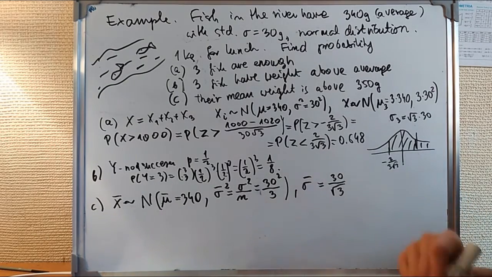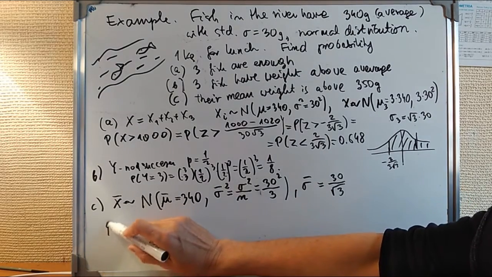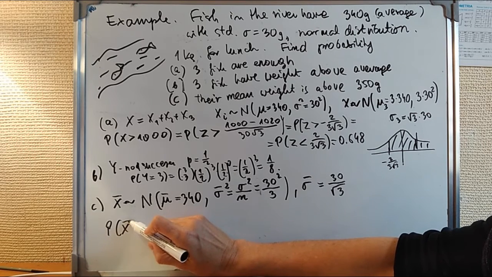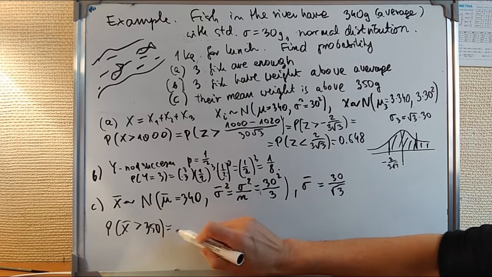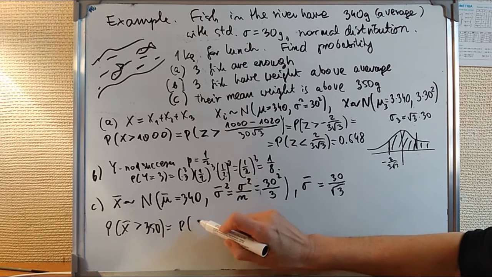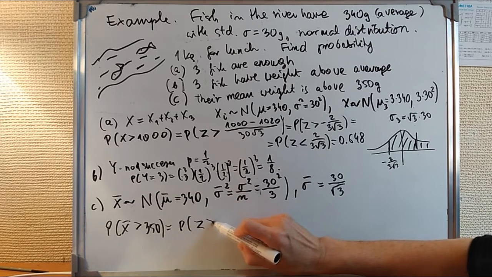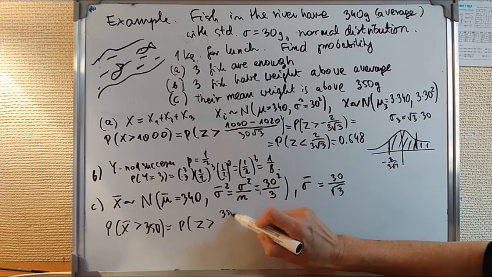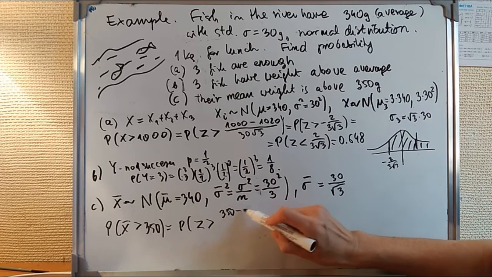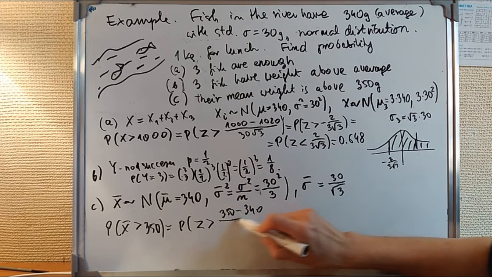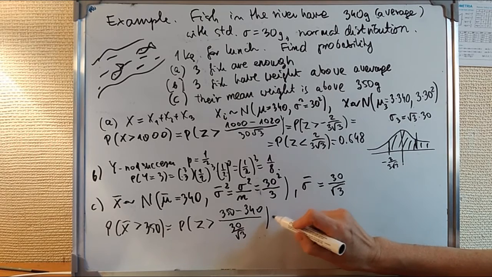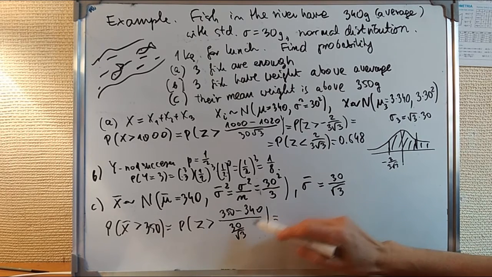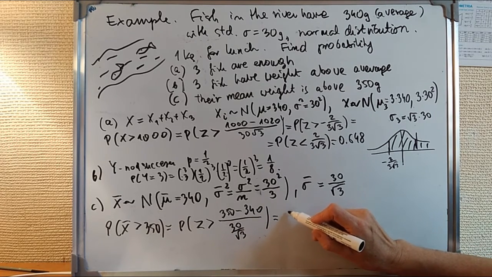And now, referring to our question, probability that the mean is above 350 is exactly probability that z is greater than 350 minus 340 divided by standard deviation 30 by square root of 3. So this is 10 over 30, so this is 1/3.